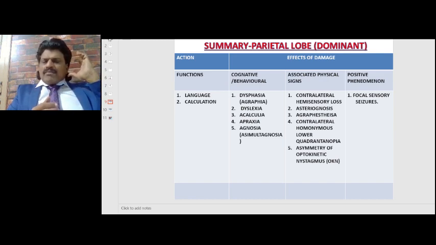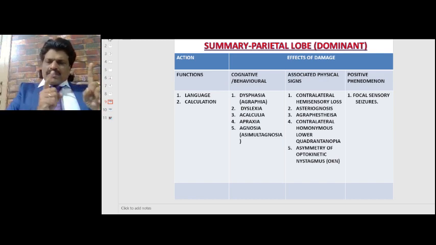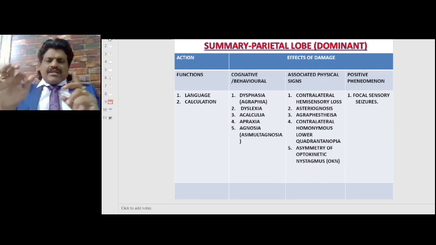So if the parietal lobe gets affected, the pursuit movement towards its side gets affected. So when you test it with a rotating drum, when the parietal lobe gets affected, the fine pursuit movements gets affected, so they'll have asymmetry of the optokinetic nystagmus. And the positive phenomenon is that they'll have focal sensory seizures.